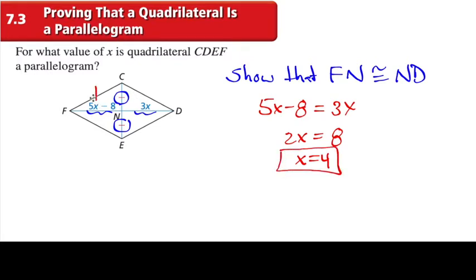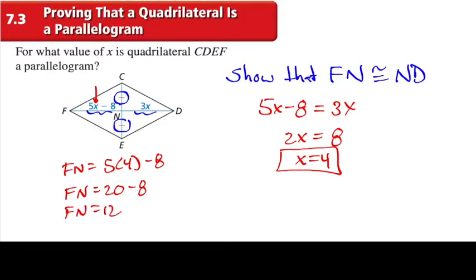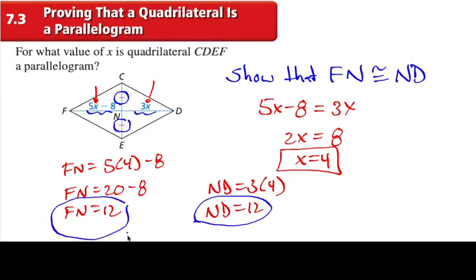And when we plug 4 into each of these, we get FN is equal to 5 times 4 minus 8. FN is 20 minus 8. FN is 12. And then when we plug x equals 4 into ND, we see that ND is 3 times 4. We see that ND is equal to 12. So we've shown that these are congruent.